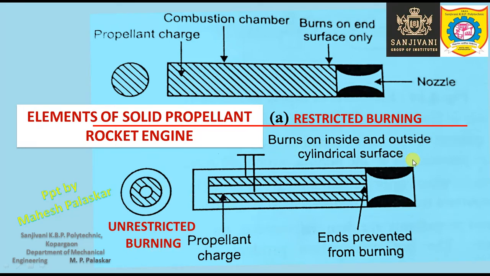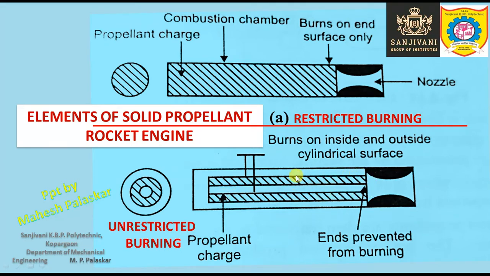So this one is the unrestricted type solid propellant rocket engine. The shape of the propellant charge here is also cylindrical, but it is a hollow cylinder, right? In this case the burning is not possible at the ends, but the outer surface as well as the inner surface can be burned.